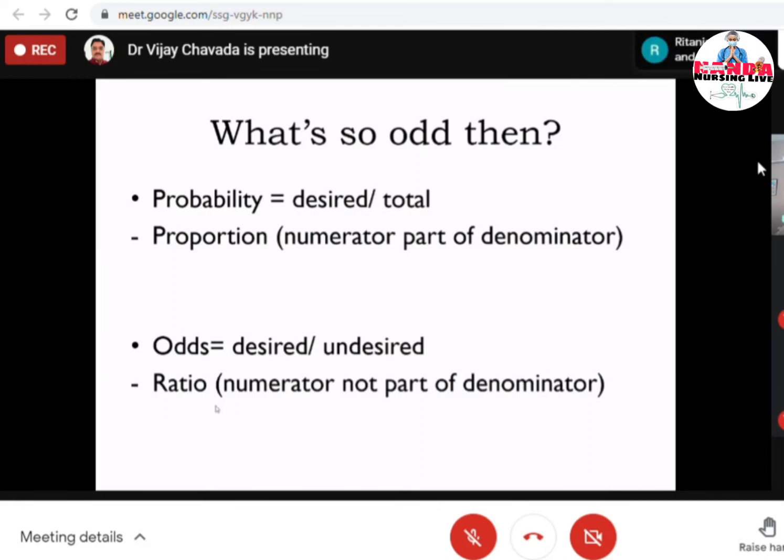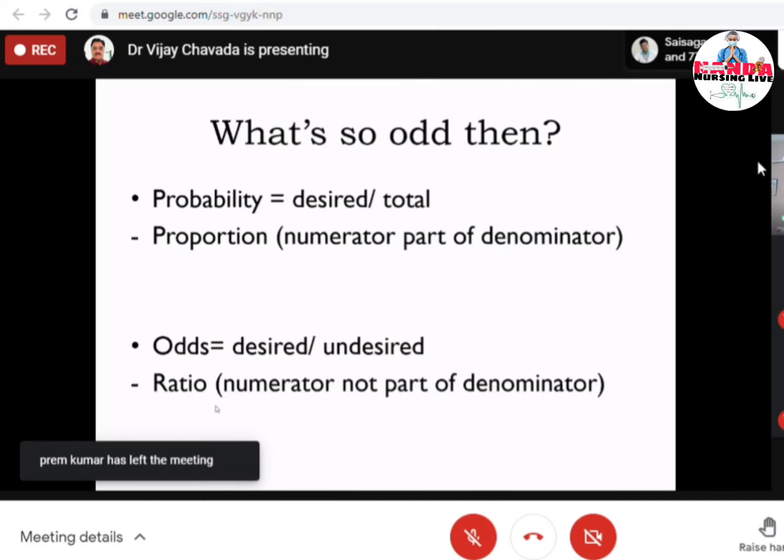Coming to the odds, what do we know by odds? So probability and odds. Try to understand the difference between them. Probability is what? The desired divided by the total, means proportion. The numerator is a part of the denominator. Means what you have desired upon how much was the total.